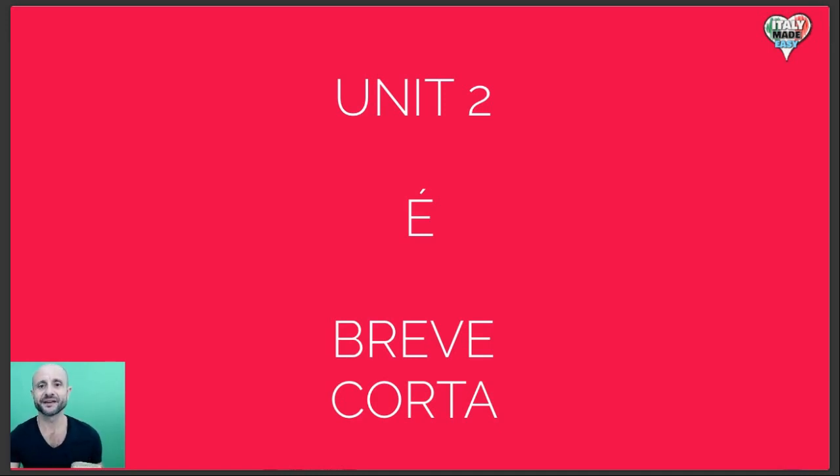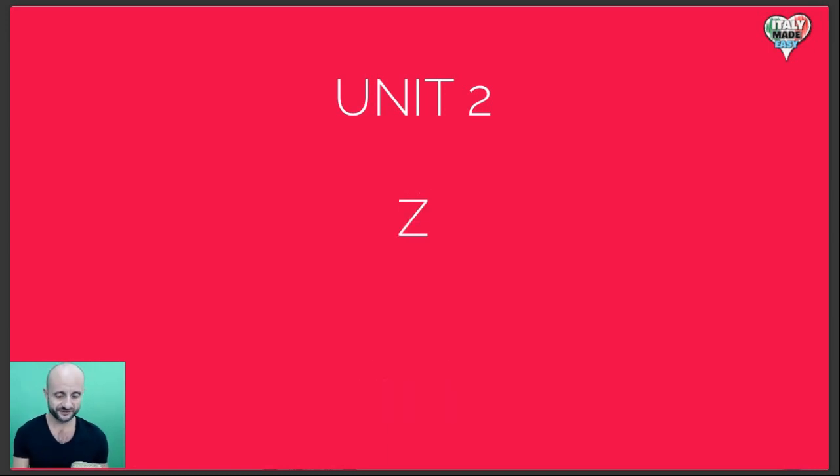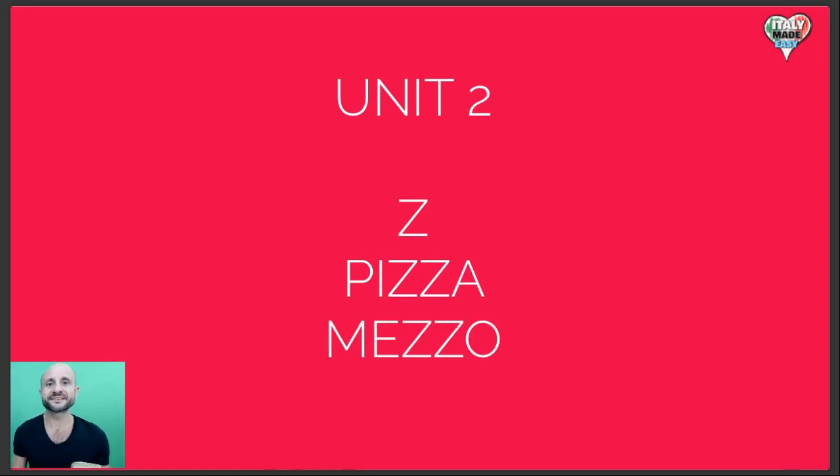Marcos, we have a lesson coming up with Z, how we pronounce it. I'll just say the words that you asked me, but there's a lesson coming up on how to pronounce that consonant, this one. So it's pizza, mezzo. It's a different sound.